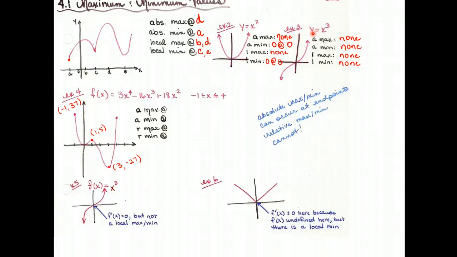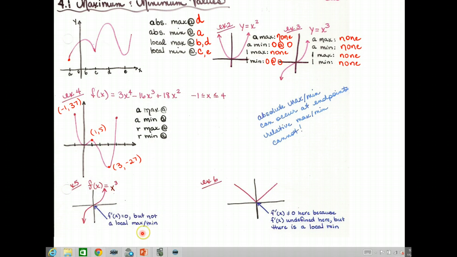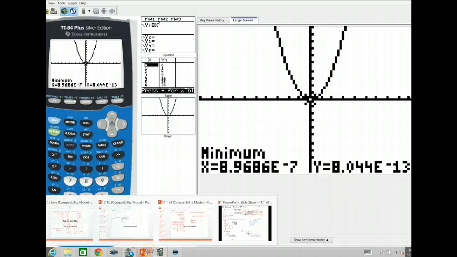For example 4, we've got f of x is equal to 3x to the 4th minus 16x cubed plus 18x squared. Grab your graphing calculator if you would, please. And let's throw that equation into our calculator.